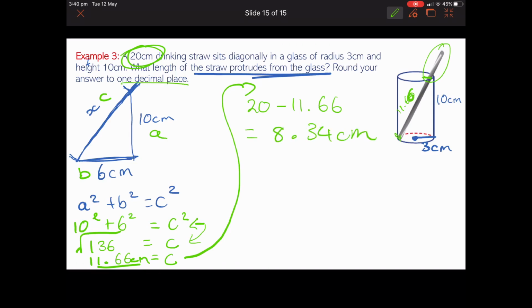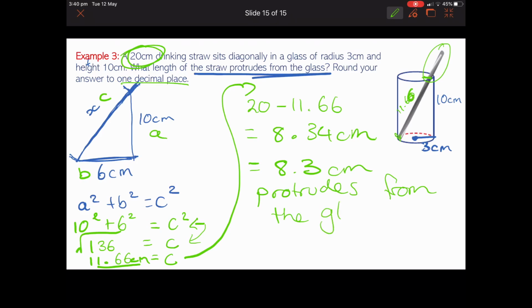We want that to one decimal place, so 8.3 centimeters protrudes from the glass. Wonderful.